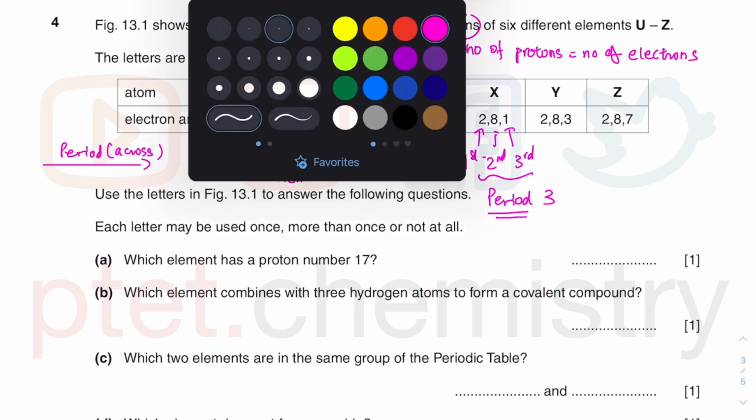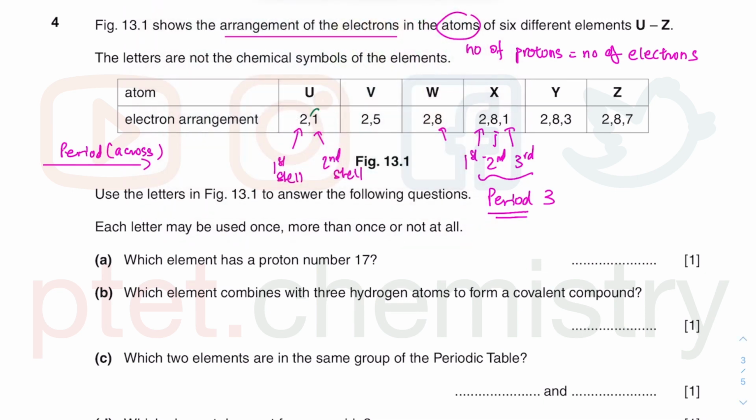Now what does the number at the back tell you? The 1 there refers to 1 valence electron, one electron on the outside. 1 valence means 1 outermost electron. If you have 1 electron in your outermost shell, that means you are group 1. Group number goes up and down.